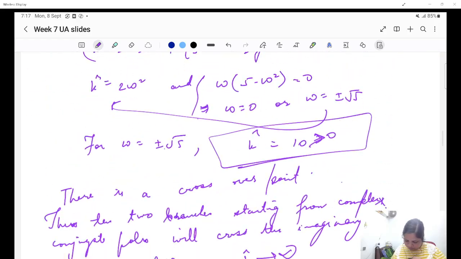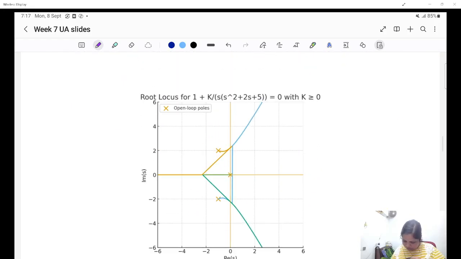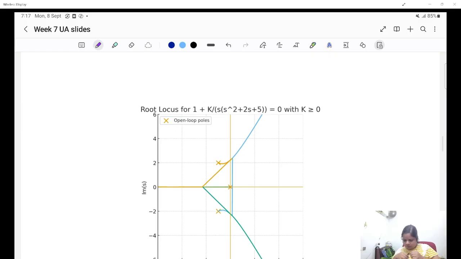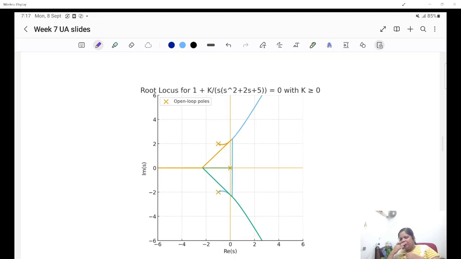Okay, for this, so this is the root locus that you can see later, but along this asymptote, this root locus moves here.